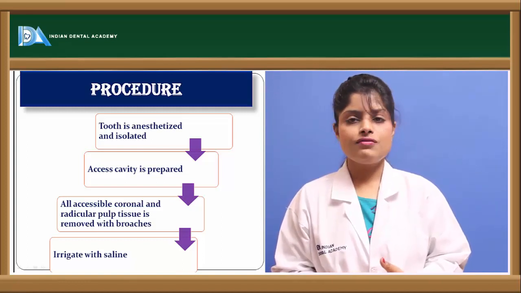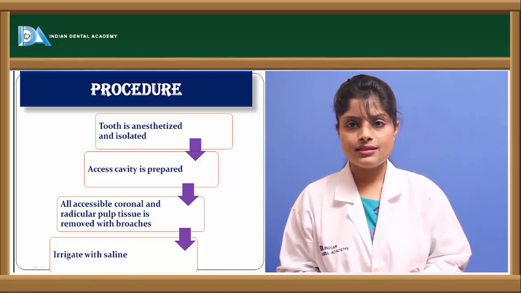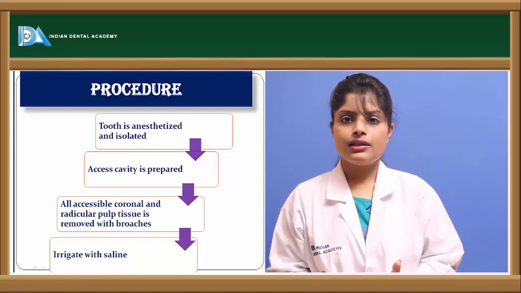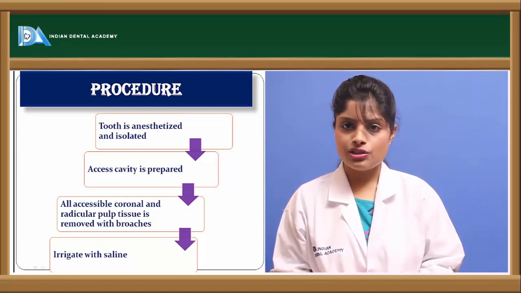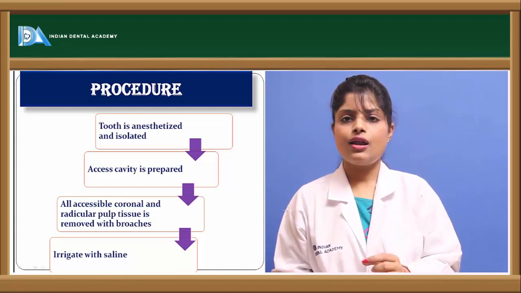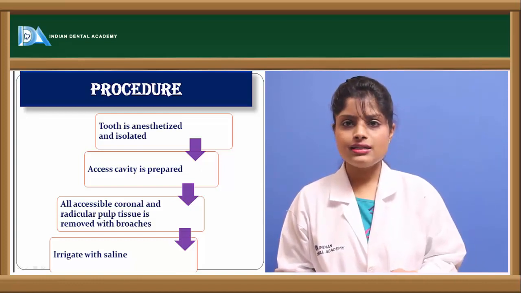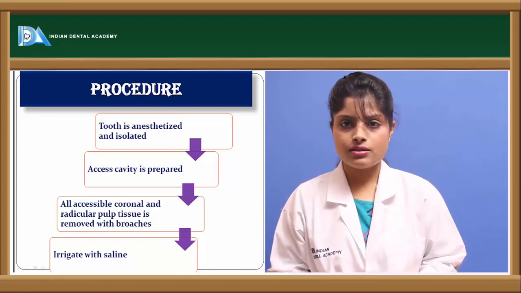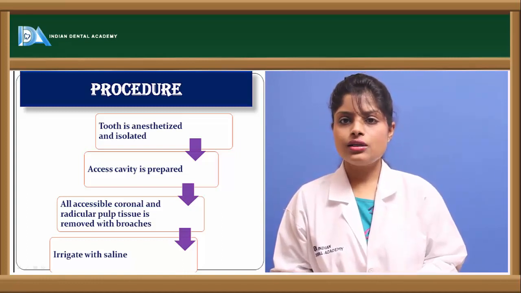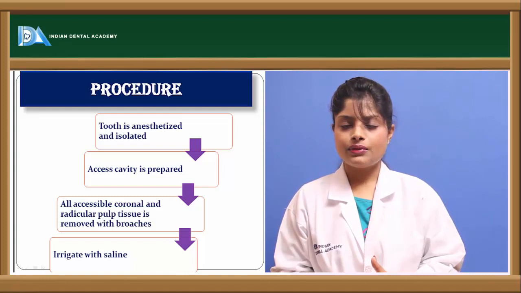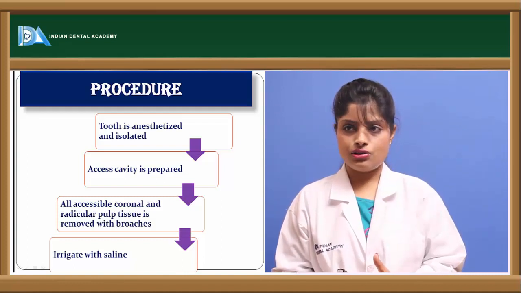Finally, after gaining proper access and evacuation of the coronal pulp chamber, the radicular pulp is reached. The number of canals and the canal orifices are identified, and barbed broaches are inserted inside the orifices to reach the pulp canals. A working length IOPA is taken and the working length is established.